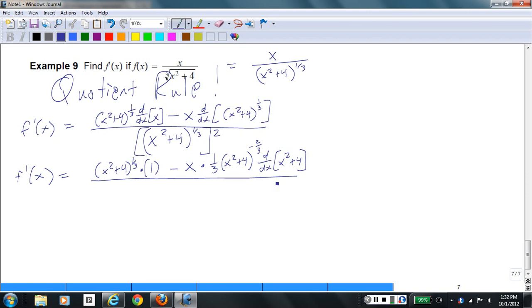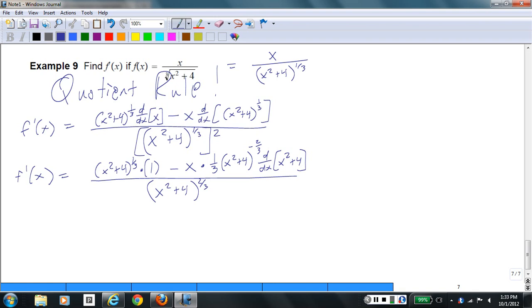So multiply by the derivative of what's inside the parentheses because the chain rule said so. X squared plus 4 to the 2/3. Multiply those exponents and that's what we get. 1/3 times 2 equals 2/3. So we'll take the derivative of x squared plus 4 and get 2x.